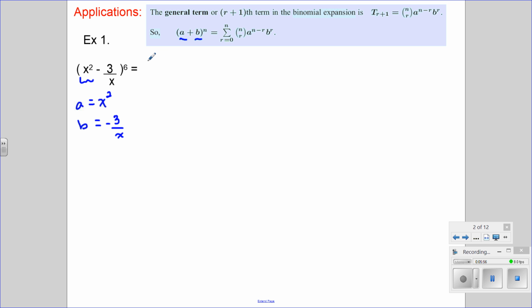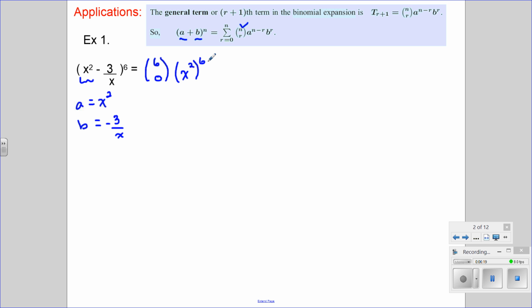So our very first term is going to be n choose r. Our n is 6, and the first binomial coefficient is when we choose 0. So this is satisfied. Our a, which is x squared, we're going to use brackets to write that out, and we are raising that to the n minus r, so 6 minus 0.